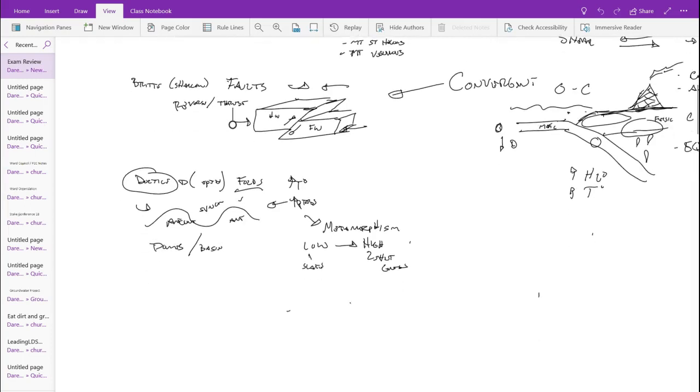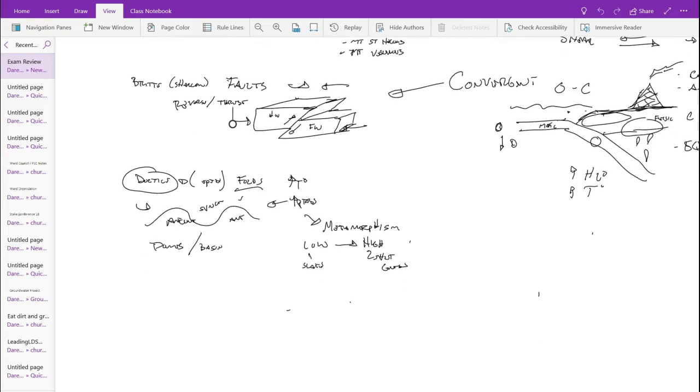Okay, sorry about that. So also, when we have a lot of metamorphism and also igneous activity at convergent boundaries, we tend to then have a lot of geological resources. The resources that are common because of the volcanics here are things like gold, silver, copper, nickel, stuff like that.